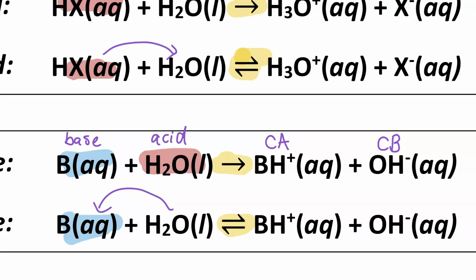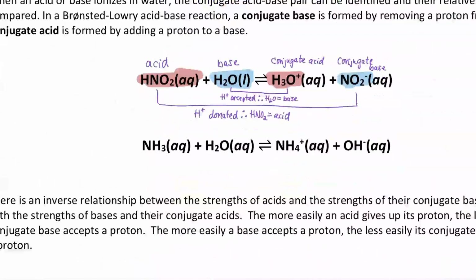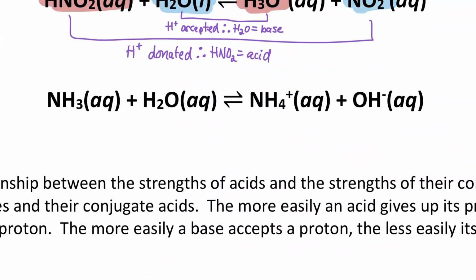All right, let's do this last one. Ammonia, the most common weak base that we will use. I already told you it's a base, but let's prove that. NH3 to NH4 plus. The ammonia accepts the proton, so that means it's a base, which means the NH4 plus now has the ability to donate a proton, and it's the conjugate acid.